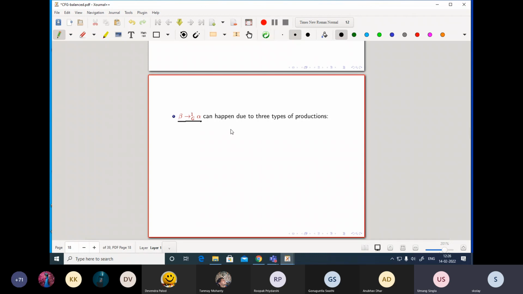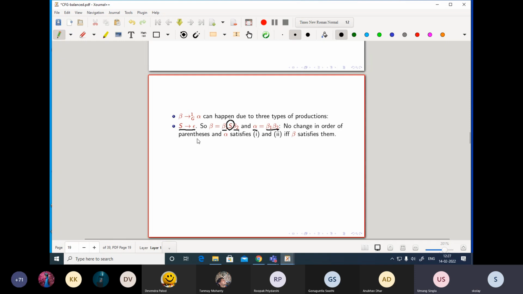There can be three types of productions that derive alpha from beta. The first is S going to epsilon. That means that beta is of the form beta 1 S beta 2, where at least one of them could be epsilon, and alpha, where S gets replaced by epsilon, becomes beta 1 beta 2. But notice that this is just a non-terminal symbol being replaced by epsilon.